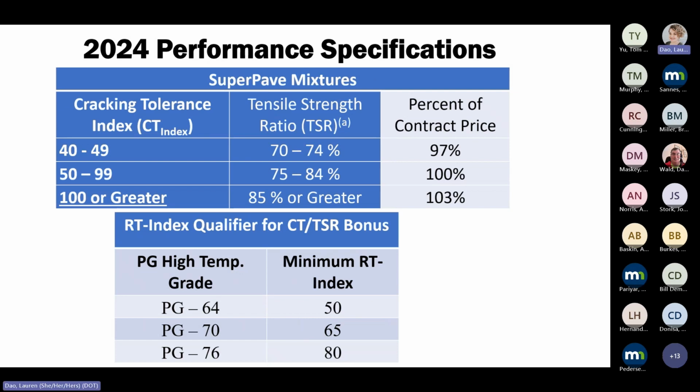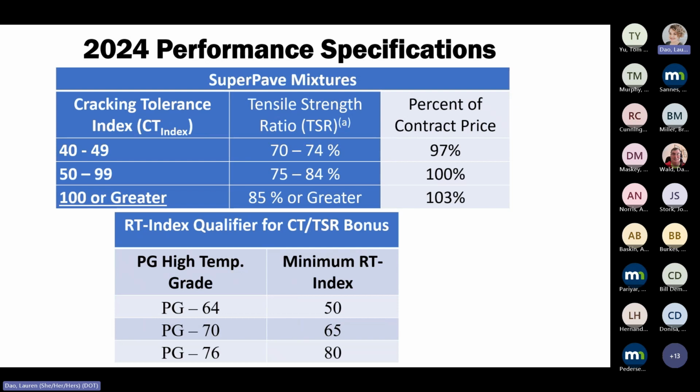But for our CT and TSR, we looked at our validations and came up with some ranges for our incentives and disincentives. We made this first as PWL, thinking that we were going to do PWL with CT, but because of the variability, we chose not to do that.